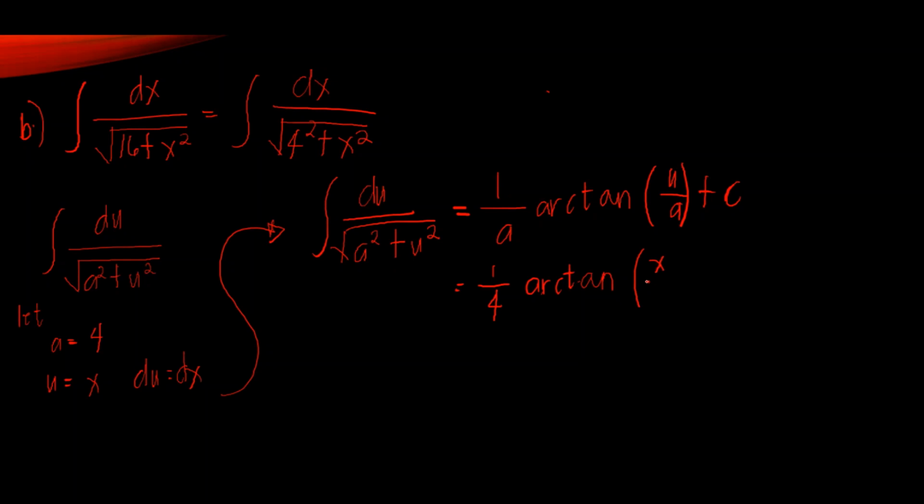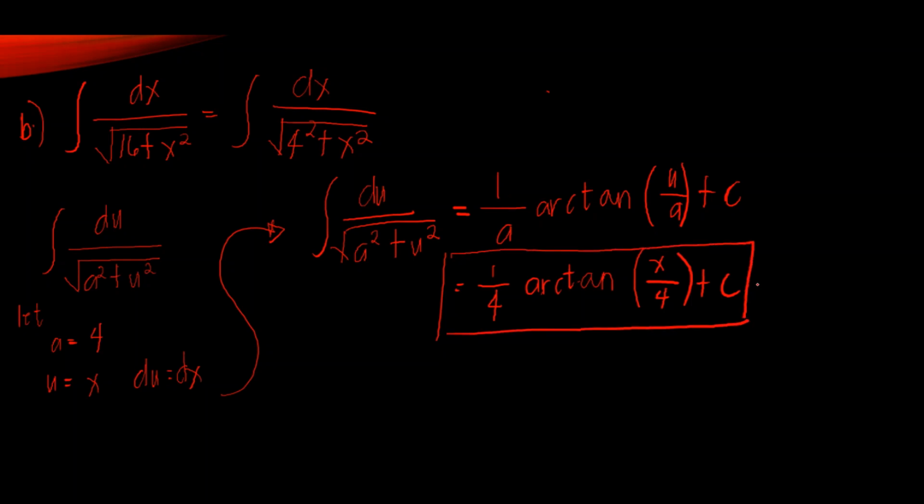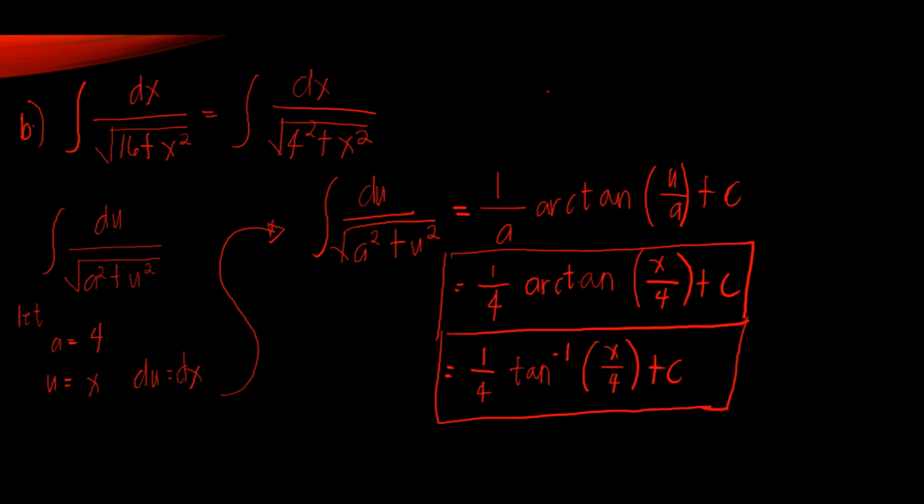That is x over a is 4 plus c. So, this is your final answer for example letter B in inverse trigonometric functions. Another form will be 1 over 4 tangent raised to negative 1 times x over 4 plus C. So you can have two forms of answers for example letter B.